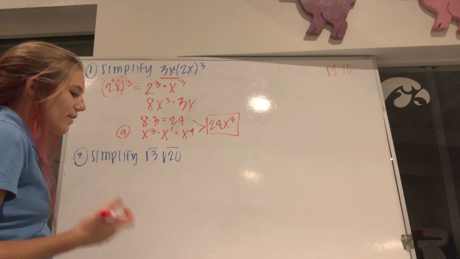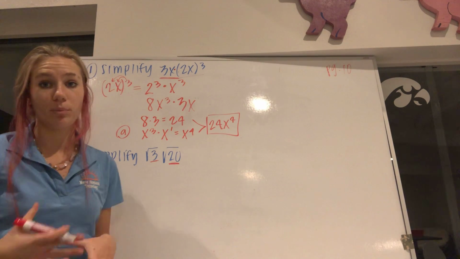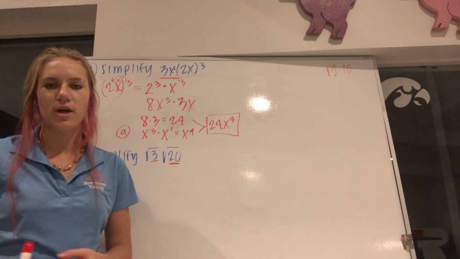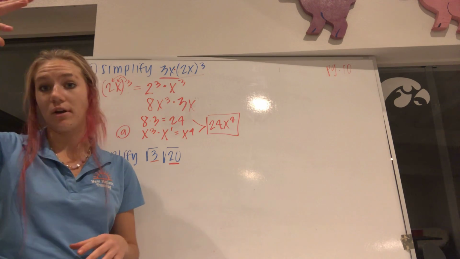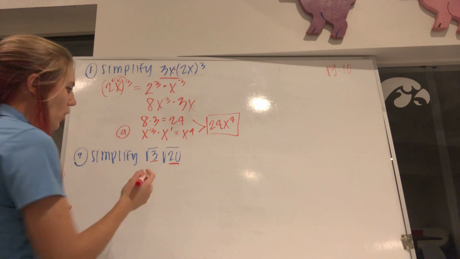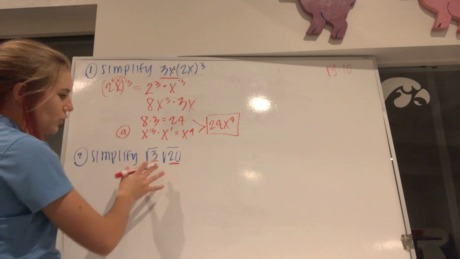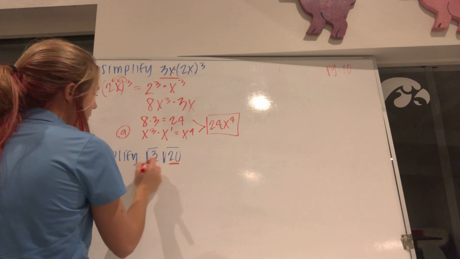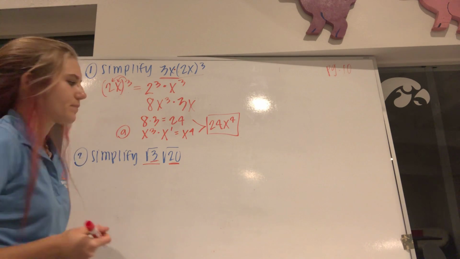So really what you have to do is, within these number values, you have to look for perfect squares. If you think about perfect squares, it's like 4, 9, 25, 36, on and on and on. So I know that 3 is not a perfect square, so I'm gonna disregard that as of right now, because the square root of 3 is as far down as I can simplify that, right?